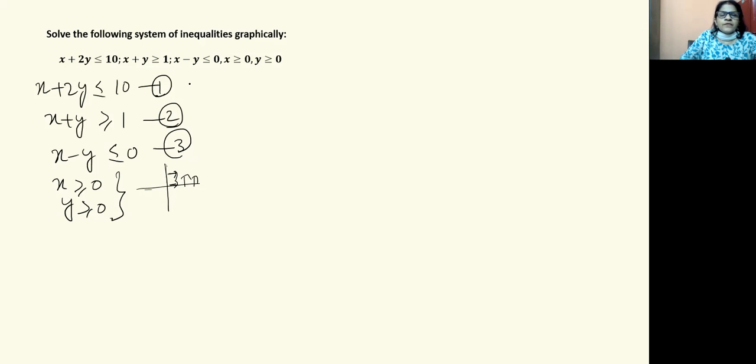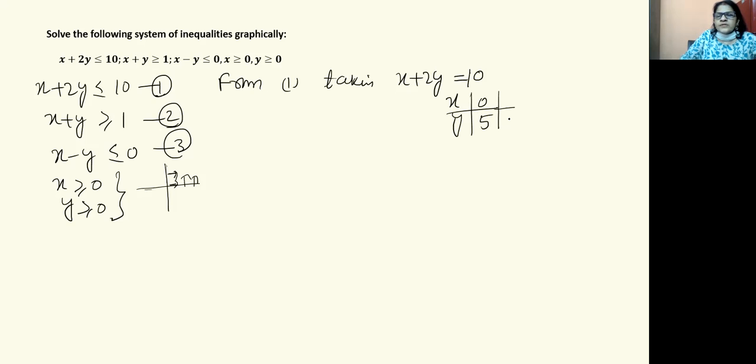Now from 1, taking x plus 2y equal to 10, we can take two points: (0, 5) and (10, 0). From the second inequation, let us take x plus y equal to 1.